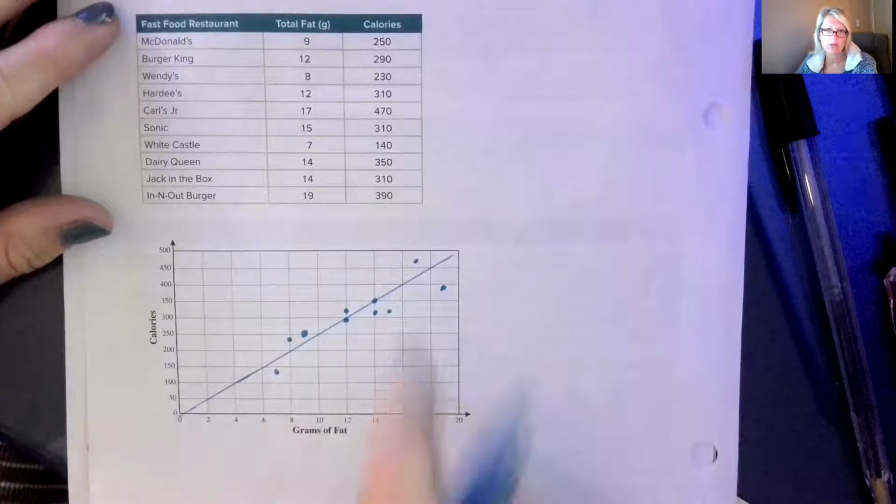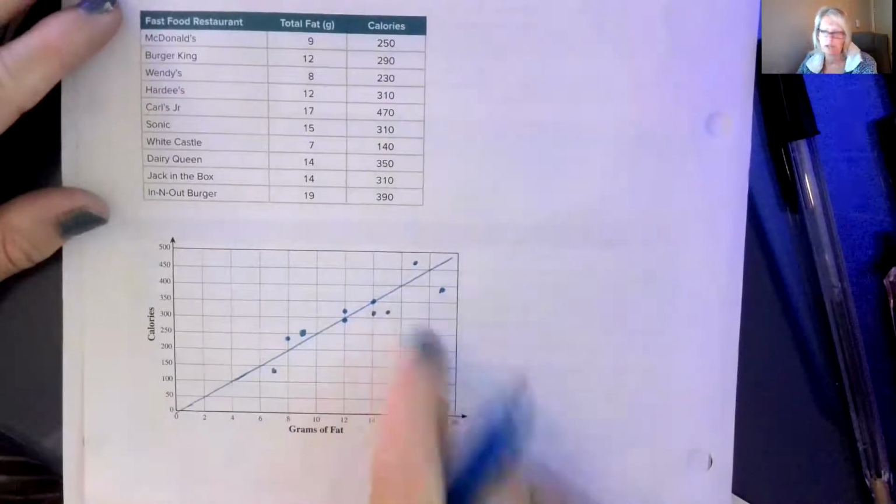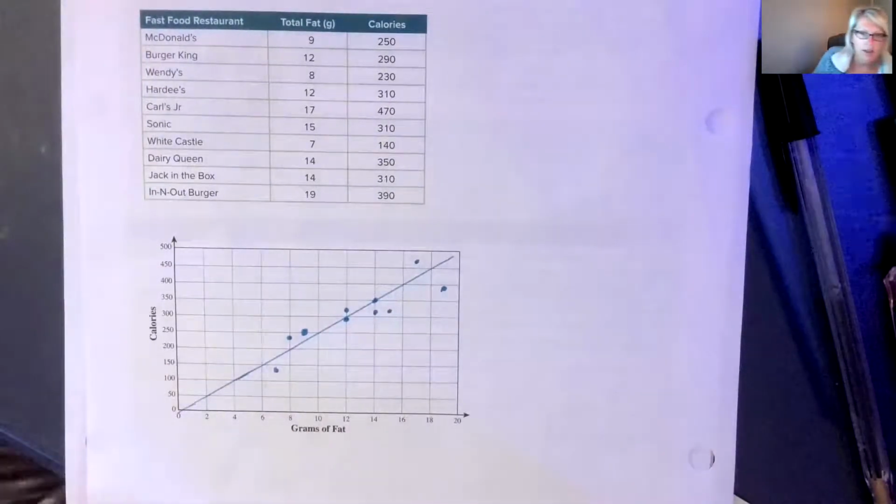Okay, there's my line. And my line really only went through one point. Oh gosh. Okay, so you should have your line drawn. We did that.